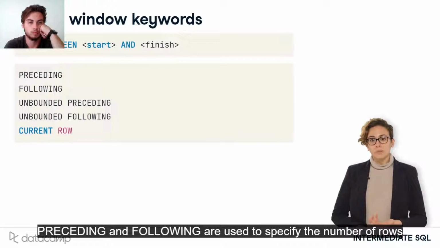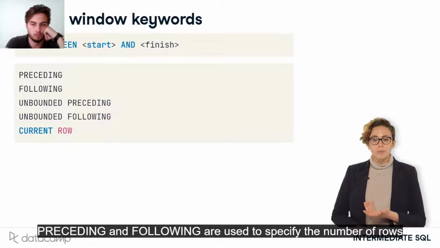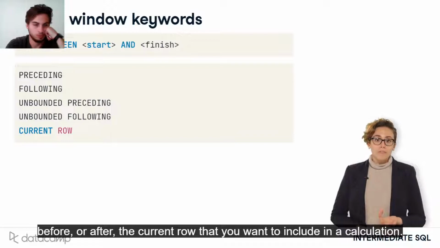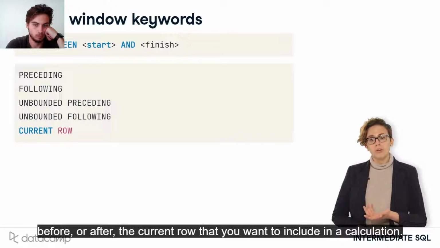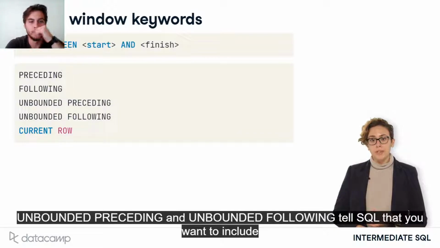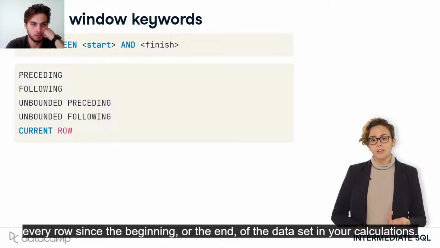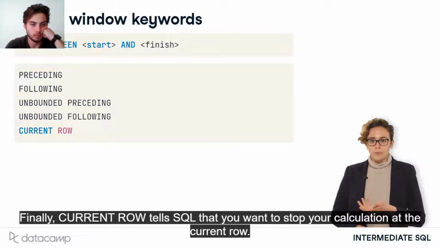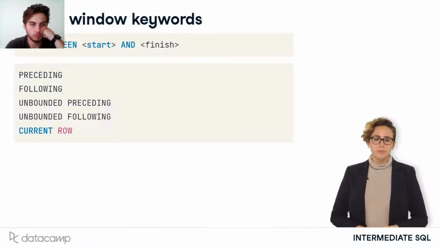Preceding and following are used to specify the number of rows before or after the current row that you want to include in a calculation. Unbounded preceding and unbounded following tell SQL that you want to include every row since the beginning or the end of the data set in your calculations. Finally, current row tells SQL that you want to stop your calculation at the current row.